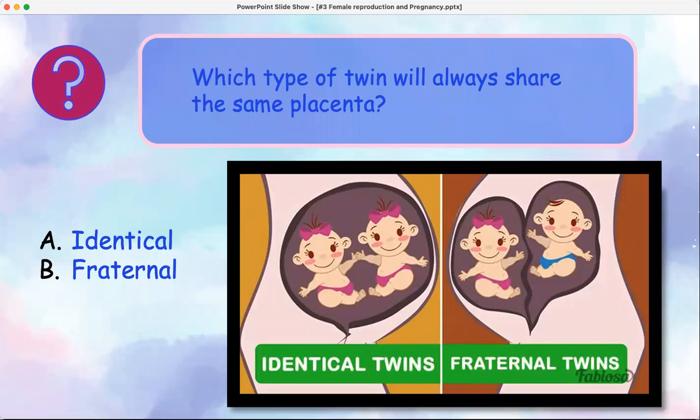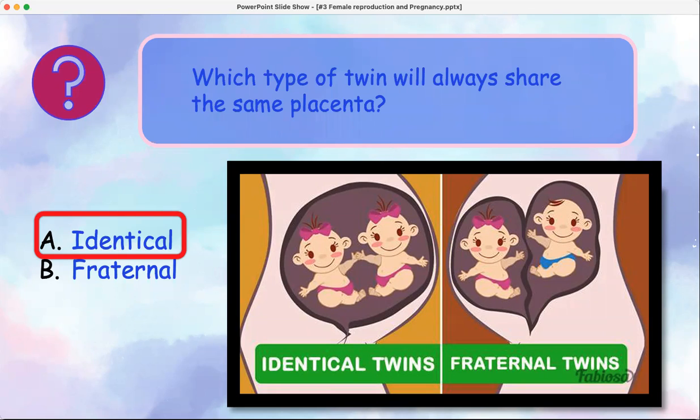All right, let's go on to another subject. How about twins? Which type of twin will always share the same placenta? Could it be identical twins or fraternal twins? The answer is identical.